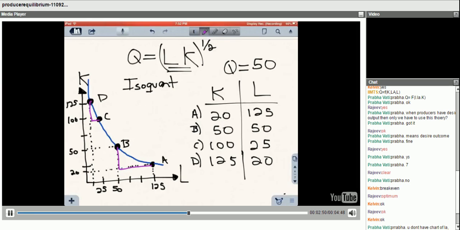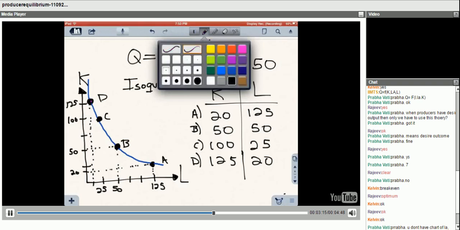As you increase the number of units of capital, the slope is going to get larger in absolute terms because you will need more capital in order to replace a lot fewer units of labor. All right, so this is the curve we're going to be using in order to study production.